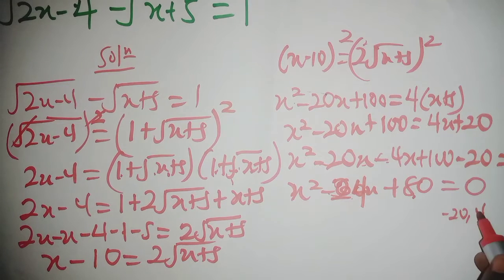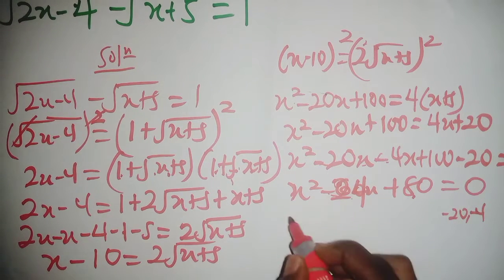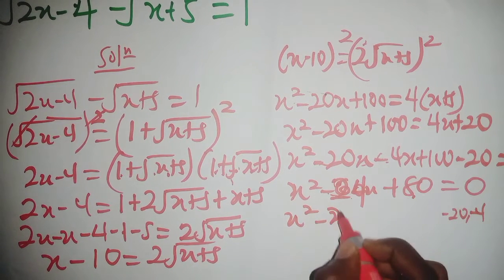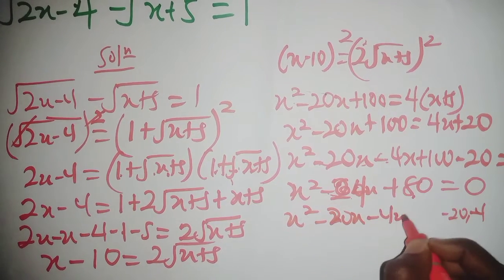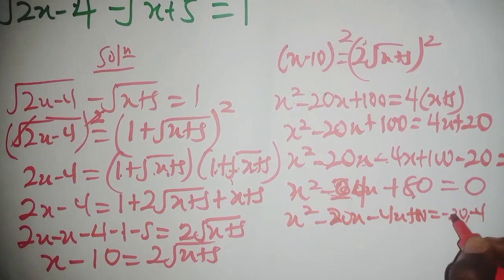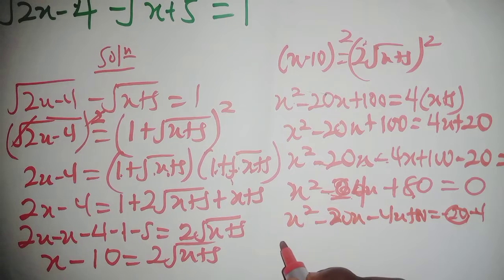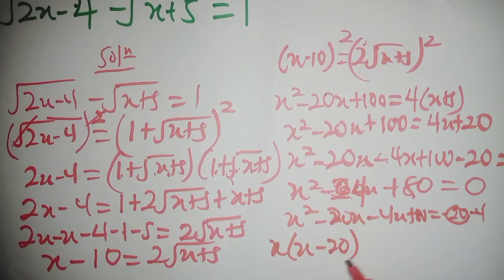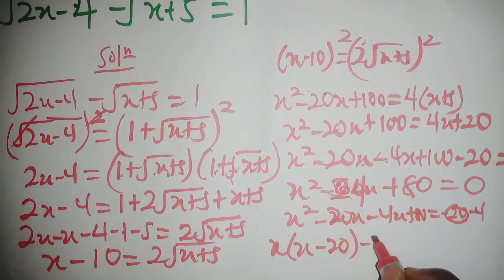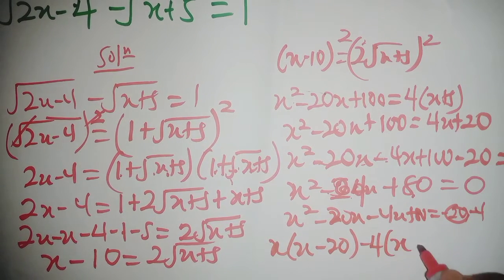So just negative both of them, and I'm going to get that. So I have negative 20x and then negative 4x plus 80 being equal to 0, right? So I can just factorize x out. I have x minus 20 for the first part. Now for the second part, just factorize minus 4 out. I have x minus 20 here also being equal to 0.